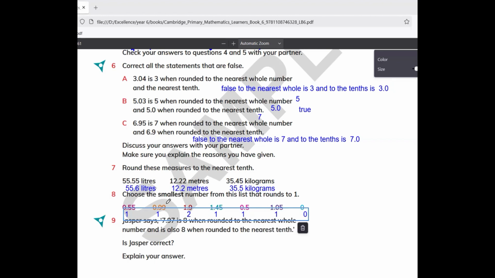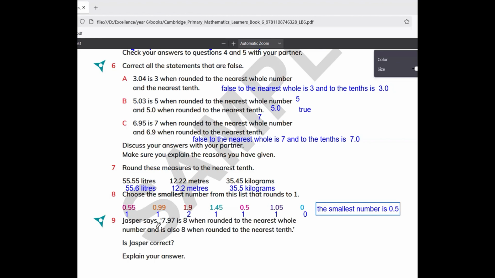Then between them, you see which number is the smallest. Between them, you find it is 0.5. You compare between decimals.